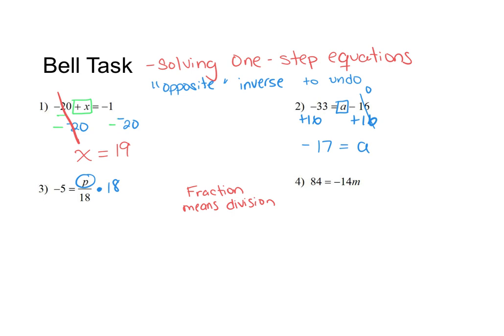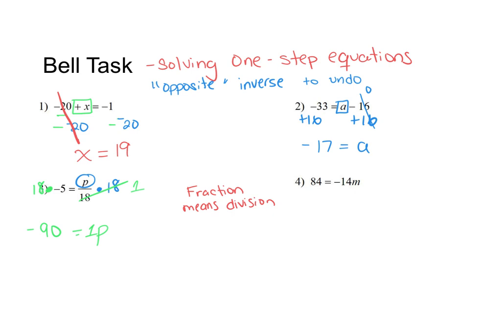This will actually simplify into the number 1, which means that we have 1p left over. However, we normally don't write the 1 in front of a variable. And don't forget that we need to multiply 18 on both sides. So we will have negative 90 as an answer.